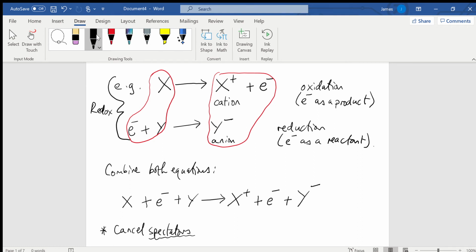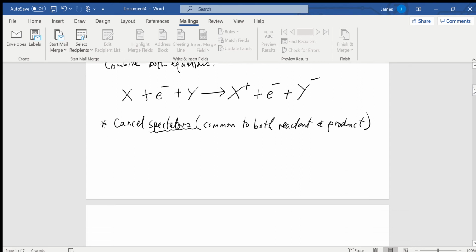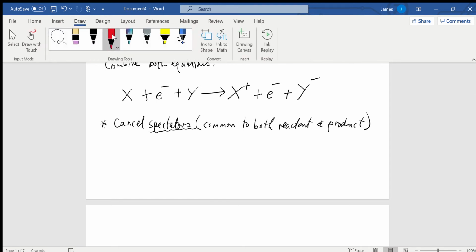A spectator is just common to both the reactant and product, like terms in math. So anything that's common to both sides we can cancel. And you can see here that an electron goes in and an electron comes out, so the electron is a spectator. X goes in and Y goes in, but then X plus comes out and Y minus comes out.